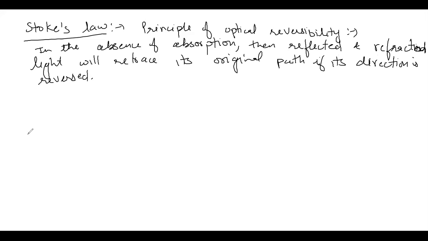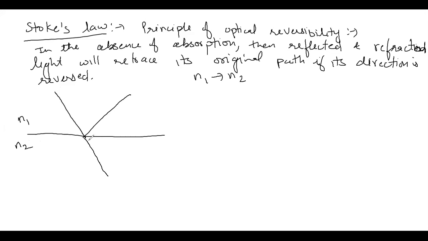This means that, let's say I have an interface here. On this side of the interface, there is a medium whose refractive index is N1. On this side, there is a medium whose refractive index is N2. Now, let's say that when light is incident going from N1 to N2, it will be partly reflected and partly refracted or transmitted.